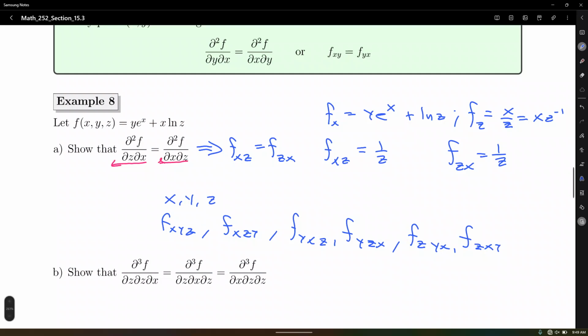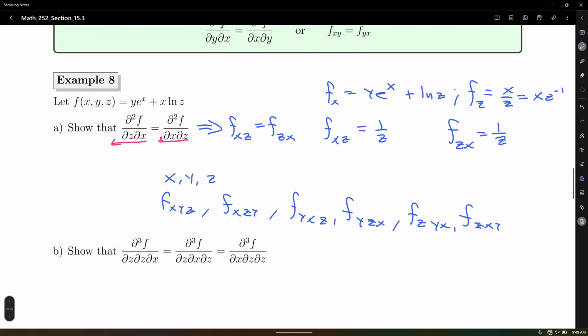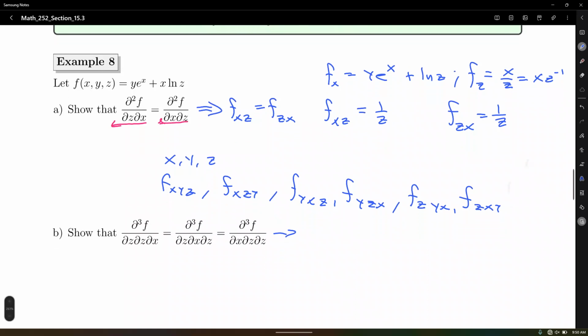But we're not going to verify all 6. We don't want to take too many derivatives. It's just enough to show these 3. That is the third partial. Let me translate this to Lagrangian notation.